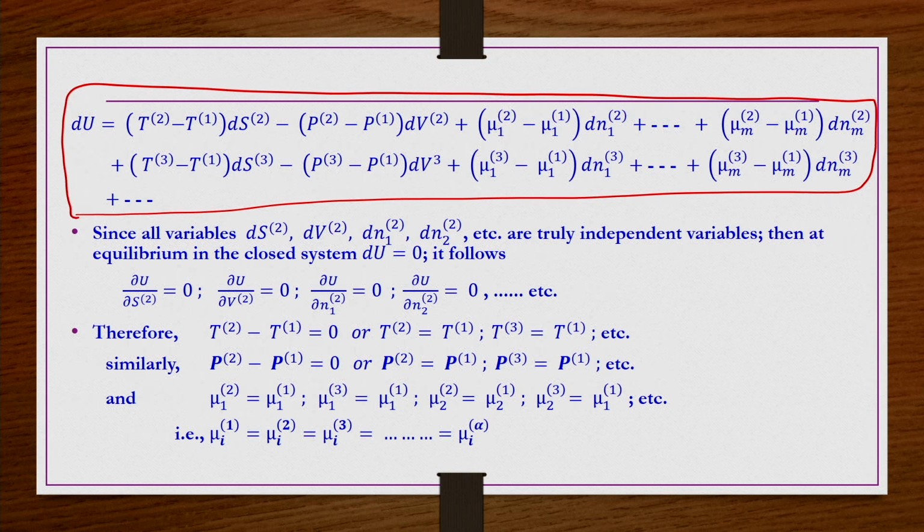Now, dU is 0 at constant entropy, constant volume and constant composition.